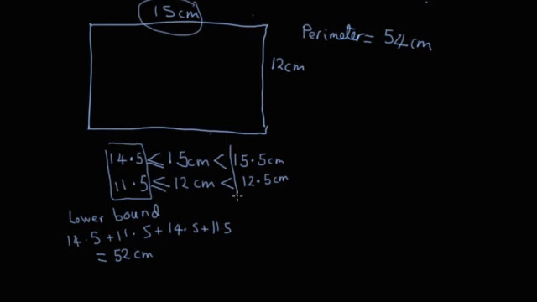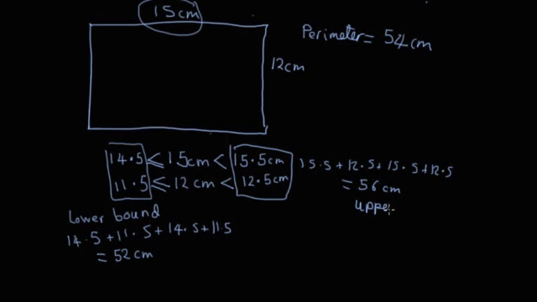Similarly, for the upper bound, we take the maximum. So it would be 15.5 plus 12.5 plus 15.5 plus 12.5, and that gives us 56 centimetres for the upper bound.